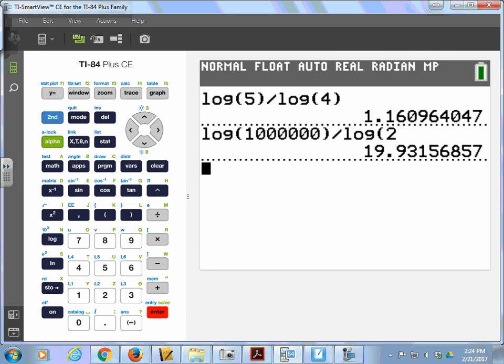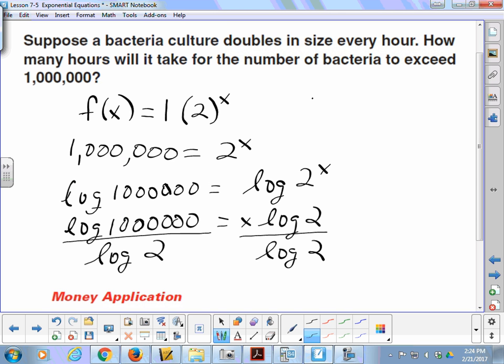So x is approximately 19.9 hours. And then you would need to make a statement that says, in approximately 20 hours, the bacteria will exceed 1 million. You have to make sure on those questions that you write a sentence.